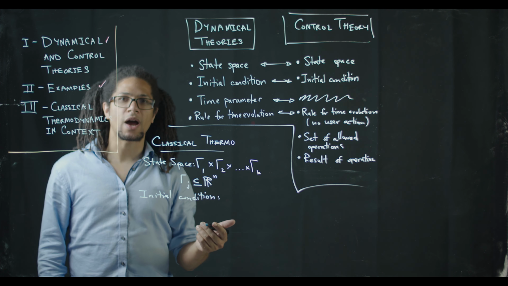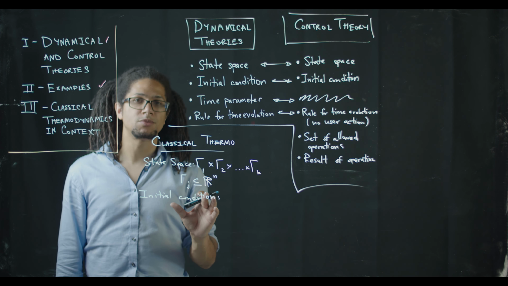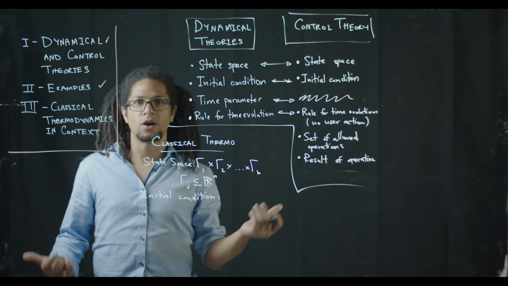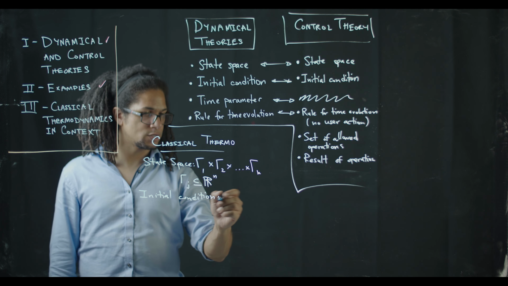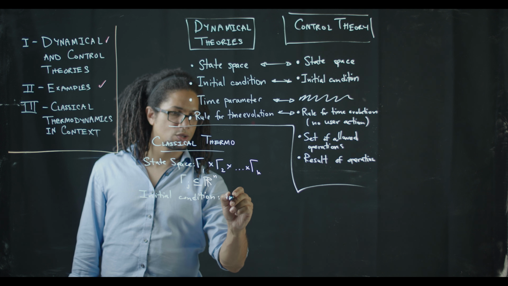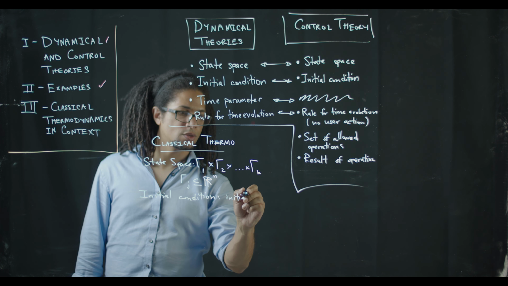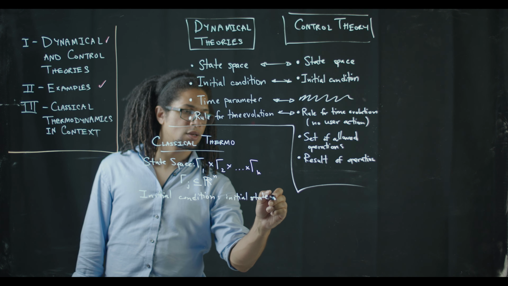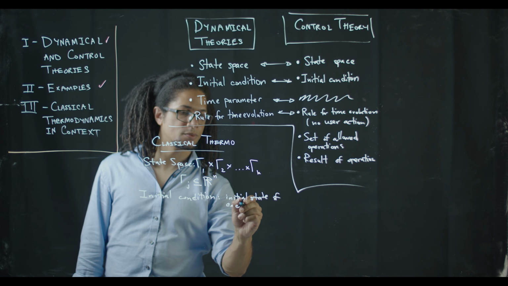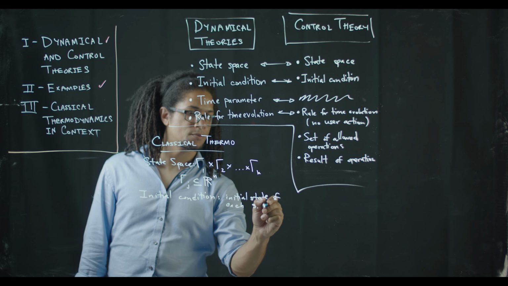Well, it's just given by what state each of the simple systems is in at the start, whenever we start thinking about things. So initial state of each simple system.